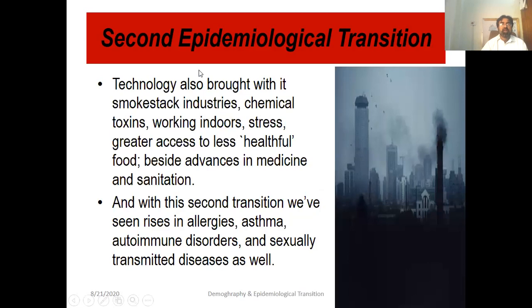Although we overcame the size of the population and the death rates, with increased life expectancy and the development of these technologies, pharmaceutical industries and agriculture in all fields, it also brought certain factors which are hazardous, even poison, to human beings, for example chemical toxins, working indoors, stress, and greater access to healthful food besides advances in medicine and sanitation.